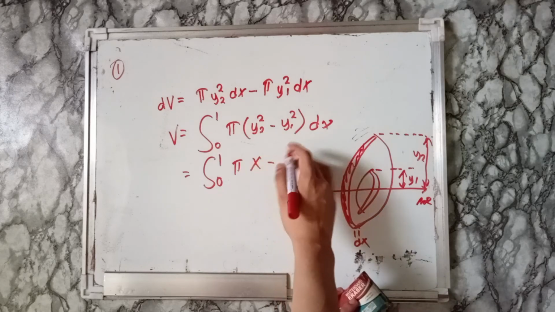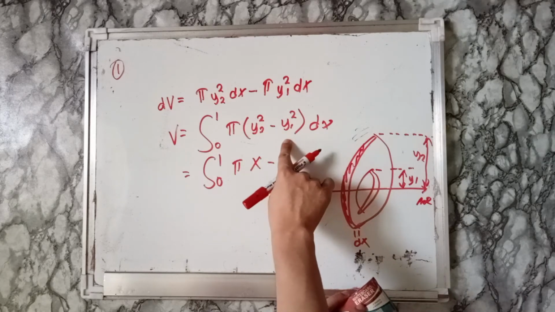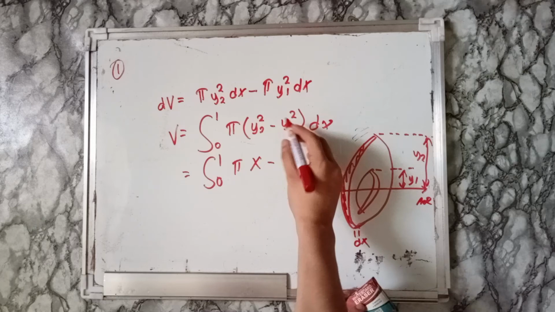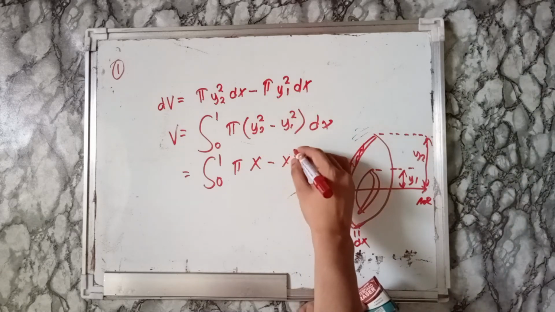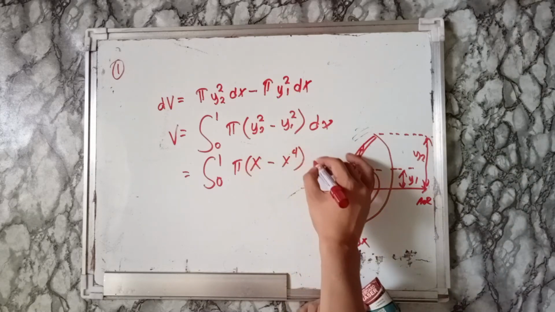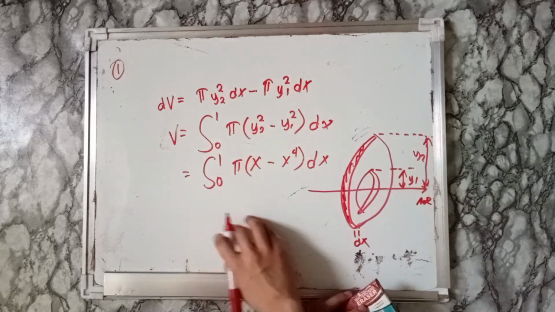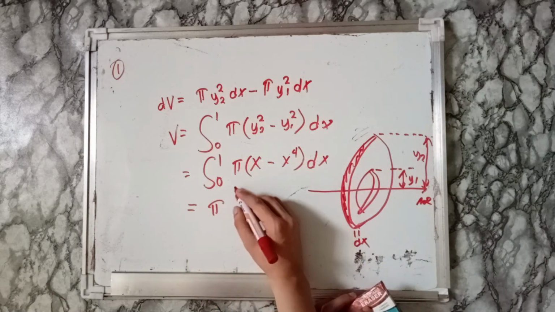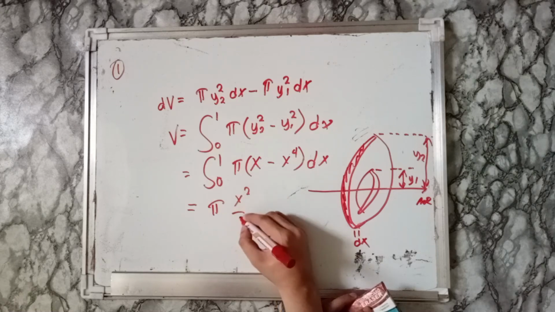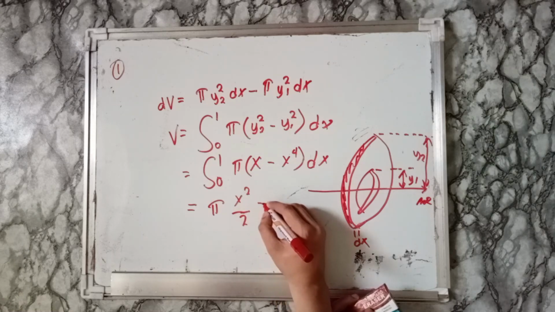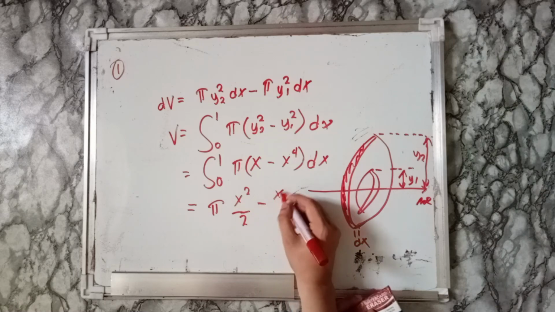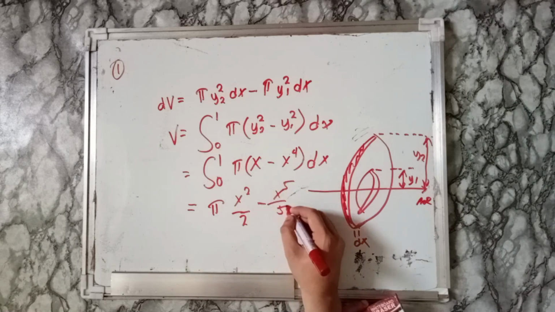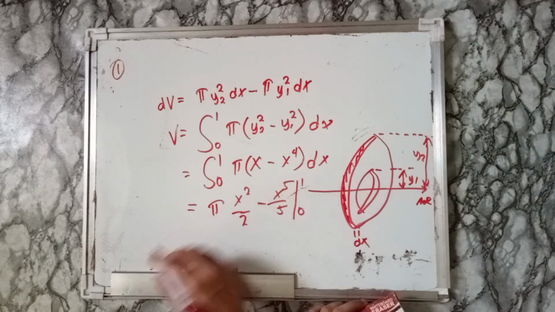So this is just x minus our y sub 1 is x squared, so x squared raised to 2 is x raised to 4 dx. Now this is just pi, this is just x squared over 2 minus x raised to 5 over 5 with limits from 0 to 1.